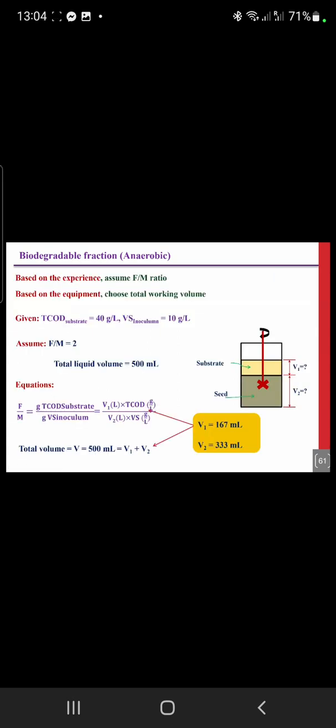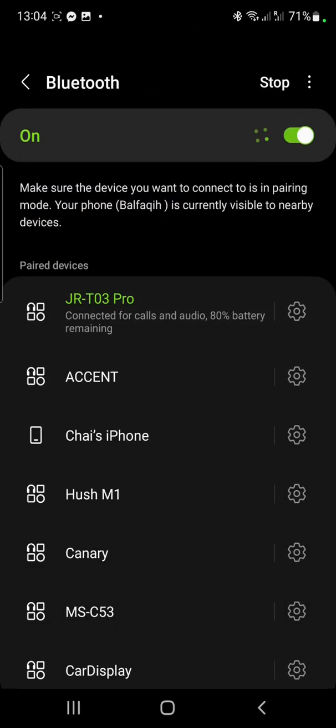Once you figure out that part, we have to look at the COD balance. The question asks you to design a BMP test, but also to look at your COD balance. Like I talked about, I kind of rushed through it, but the COD balance is really critical to see if your BMP test is feasible or reliable. So the actual methane production that we got from the question was 1,822 mL.